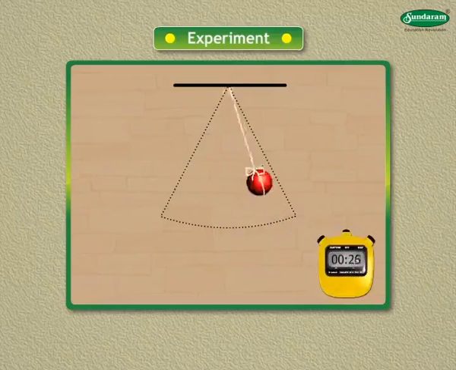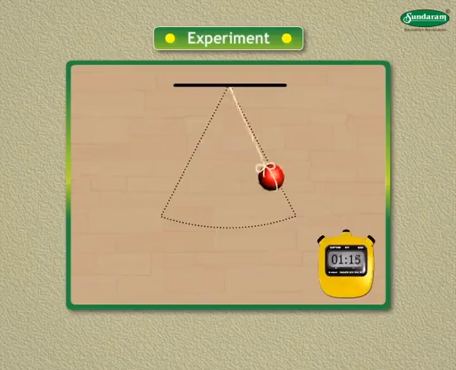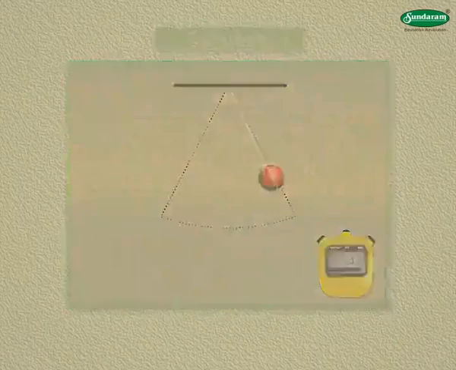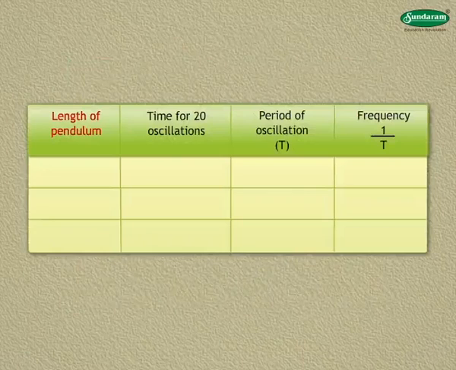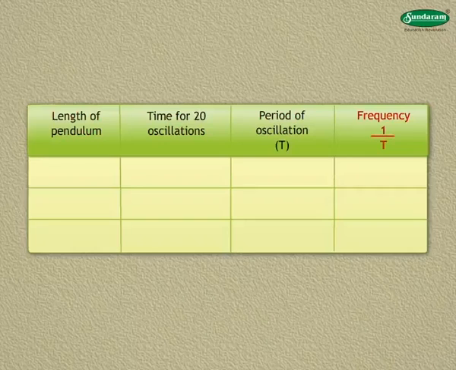Again, measure the time taken for 20 oscillations. Repeat this 4 or 5 times and write your observations in the following format: length of the pendulum, time for 20 oscillations, period of oscillation T. And using the formula frequency is equal to 1 upon T, calculate frequency.